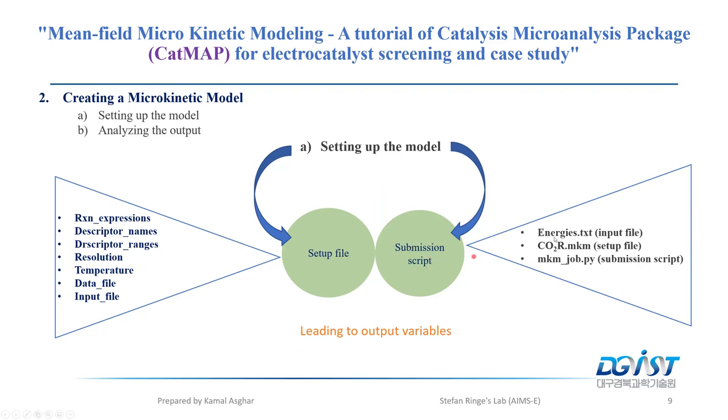And for the submission script, there is the energy text folder, which I already showed at the start: surface names, site names, vibrational frequencies, these things. That is called the energy text or input file. It should be a text file. And then the CO2 microkinetic modeling file, which you will get after doing these steps.